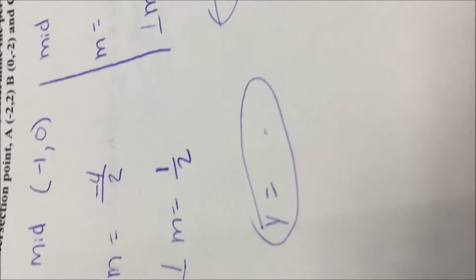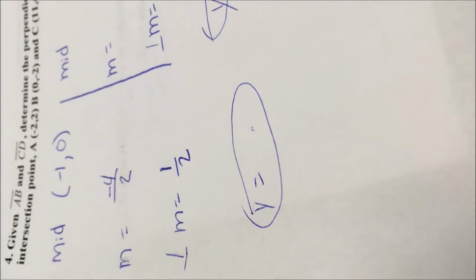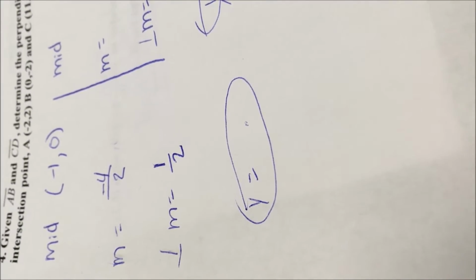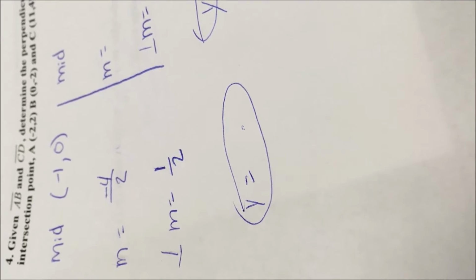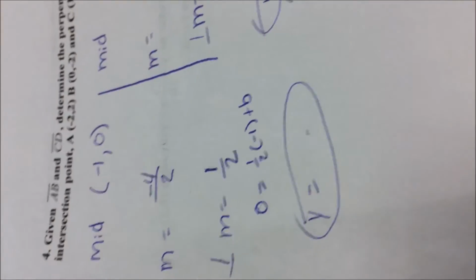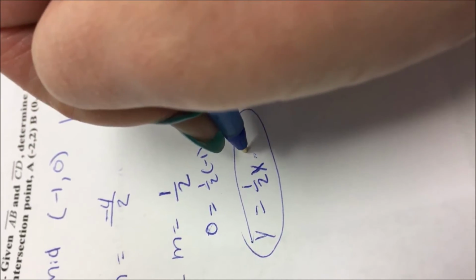So in y equals mx plus b, 0 equals 1/2 times negative 1 plus b. So b ends up being negative 1/2, or ends up being 1/2, sorry.